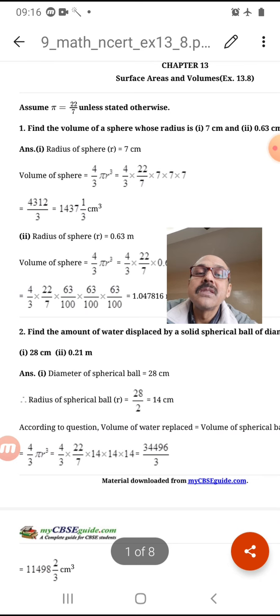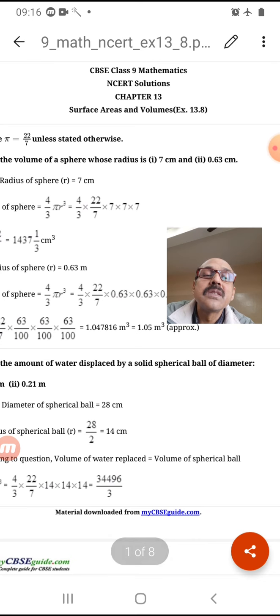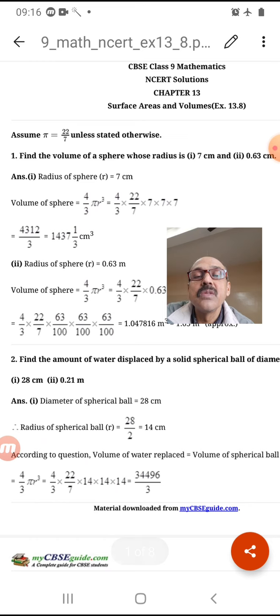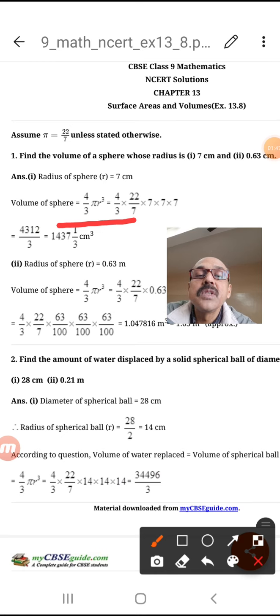Question number 1 is, find the volume of a sphere whose radius is 7 centimeter and 0.63 centimeter. So we know the formula is 4 by 3 pi r cube. The volume of a sphere, that is 4 by 3 pi r cube, equal to, and sphere radius is given 7 centimeter.